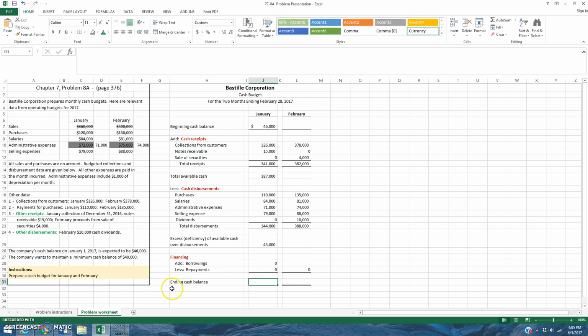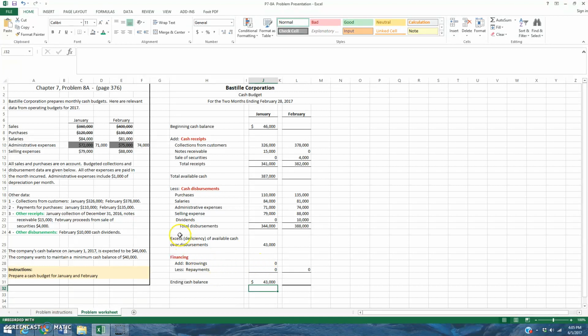Now we can figure out our ending cash balance. And we do that by taking the excess of available cash, and we add in any borrowings that there might be, and then we subtract out any repayments, and that would give us our total. In this case, it's $43,000, meaning we didn't repay anything and we didn't borrow anything.